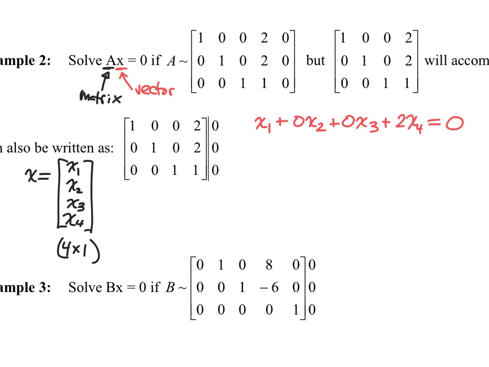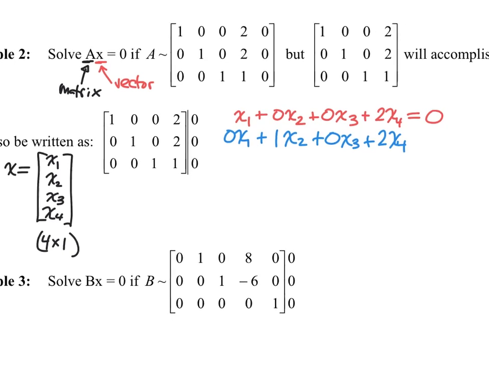The next one is 0x1 plus 1x2 and so on, also equal to 0.